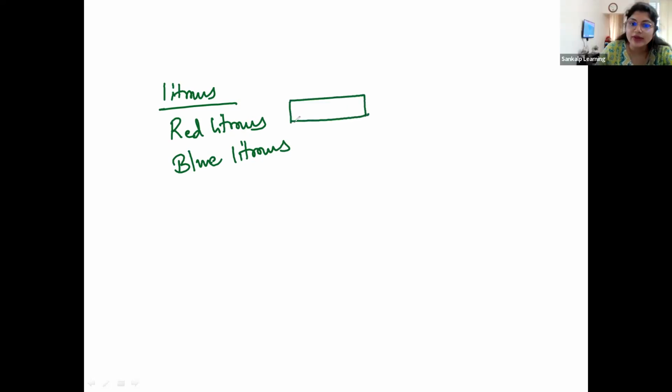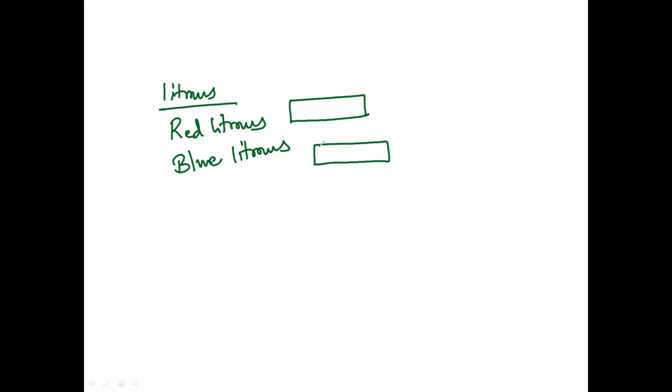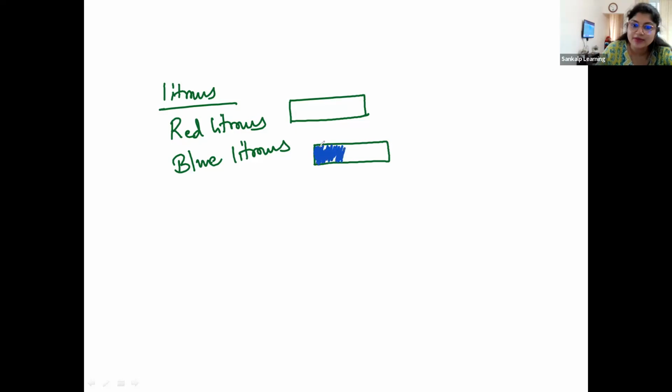Now in the case of acids, when you take a blue litmus paper, suppose this is a blue litmus paper. I will dip this blue litmus paper in an acidic solution.